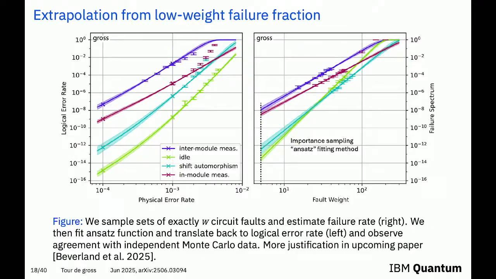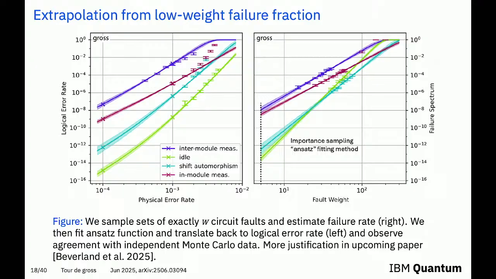Then we fit those results to an ansatz, and that gives us this curve, in blue, red, or green. And this curve, when we translate it back to the logical error rate, does agree with the Monte Carlo data at the higher physical error rates that we obtain, or is a bit more conservative than that data.